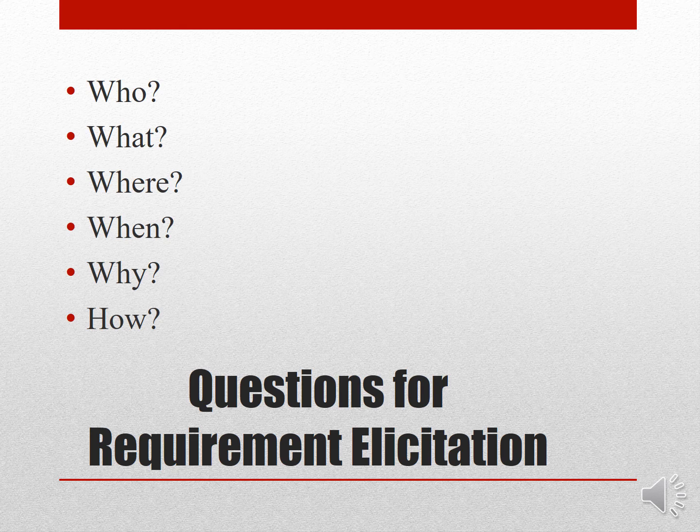So the first question is who. To know about the organizational unit, type of job, or a client to which the requirements relate. This is required, meaning we have to find out who is involved in that project activity. Then the second question is what.